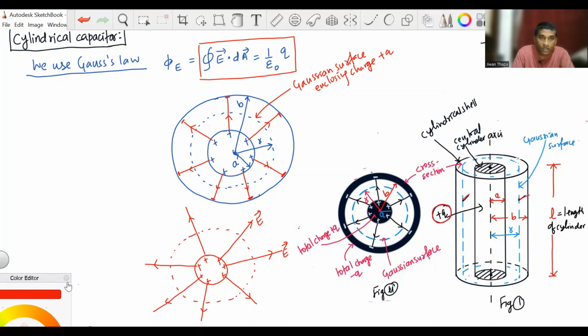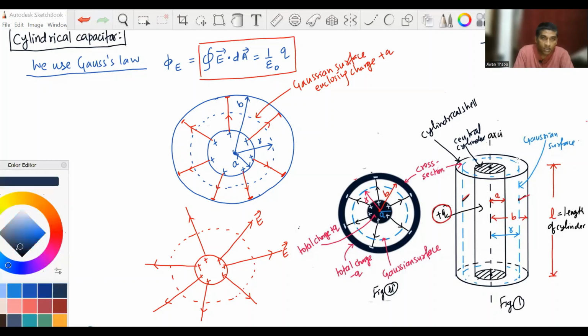Now let us take a small elementary area. Let's say the magnitude of this area is dA, because we are going to simplify the left hand side of this equation.